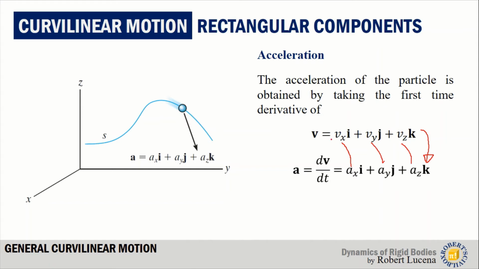Likewise, Vx is the first time derivative of x, Vy is the first time derivative of y, Vz is the first time derivative of z. Therefore, we can say that Ax is the second derivative of x, Ay is the second derivative of y, and Az is the second derivative of z.